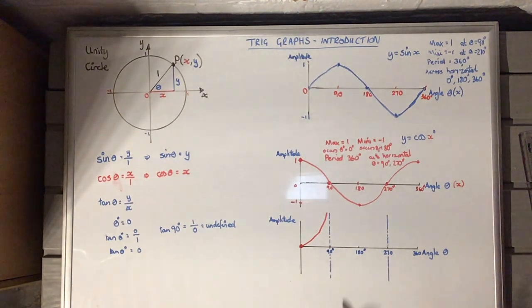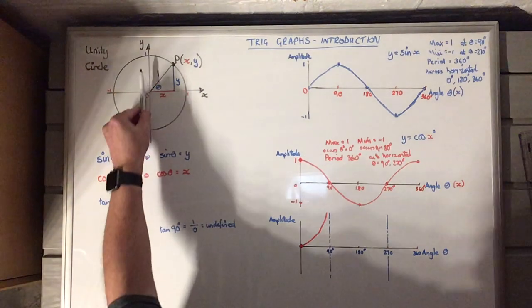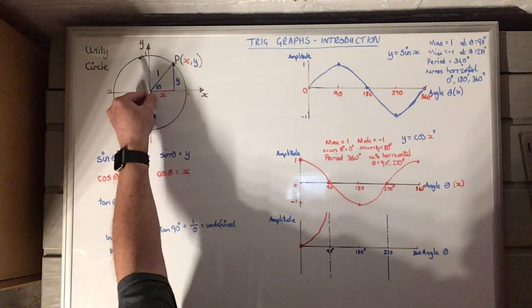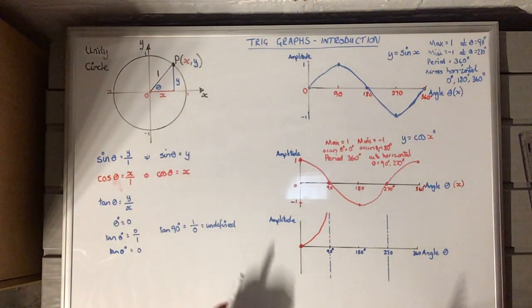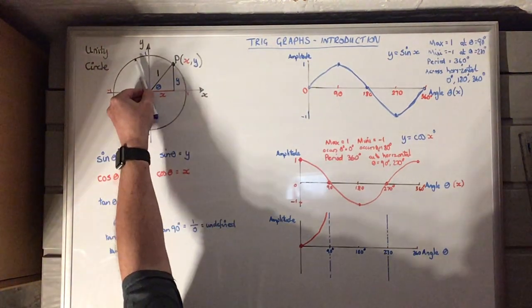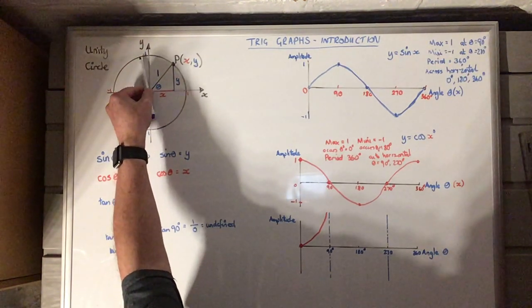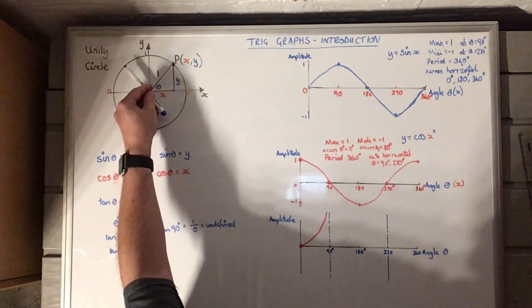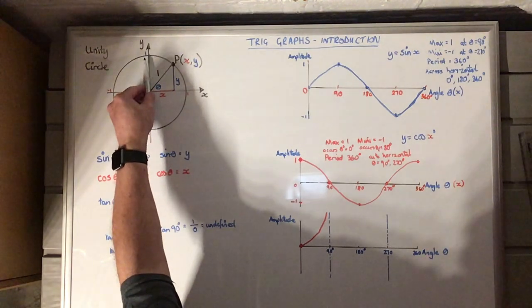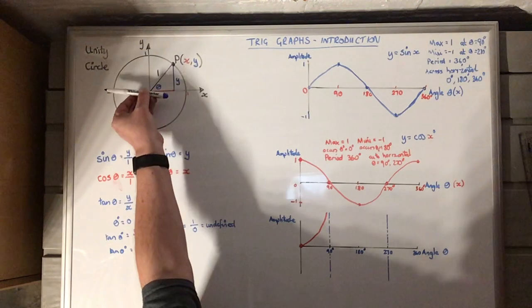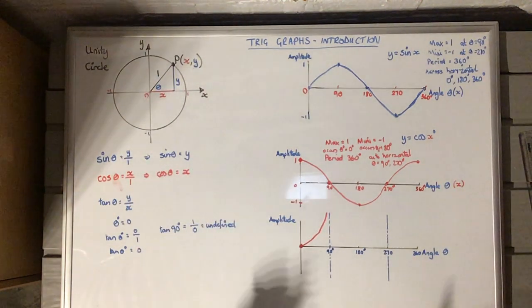But what happens after 90 degrees? Well, after 90 degrees, you're just over here a wee bit. That's just like having it over here a wee bit. So as we rotate round, I'm going to look at it at 180 degrees. When we get to 180 degrees, what does that look like?